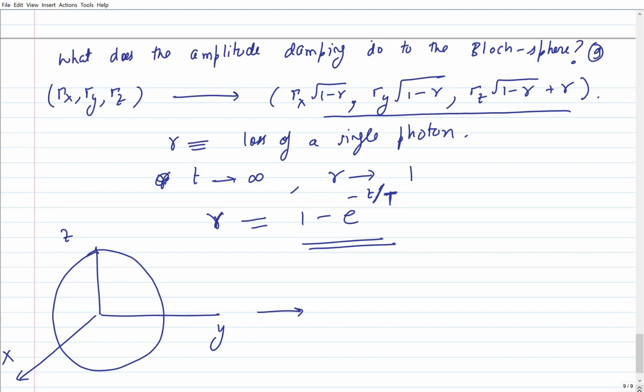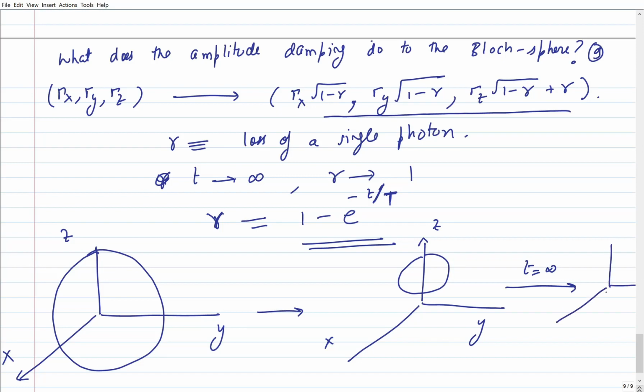And everything is shrinking towards the North Pole. And finally at t goes to infinity, I just get one point as the invariant state on the North Pole.